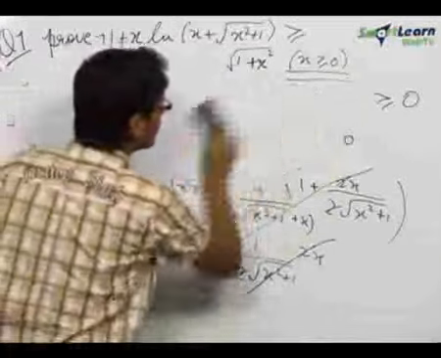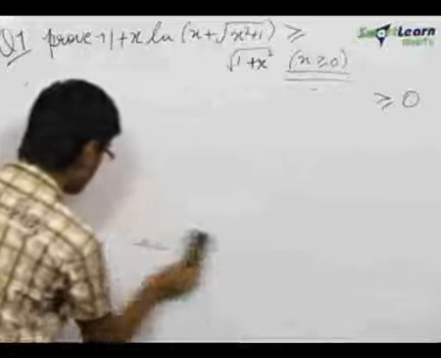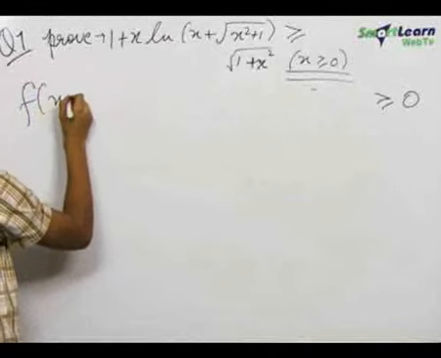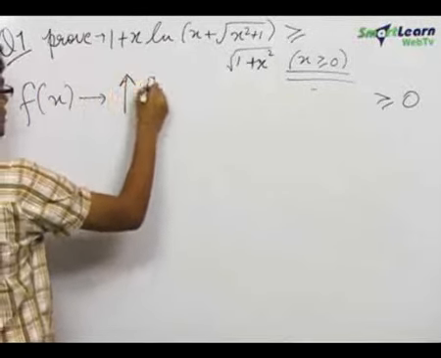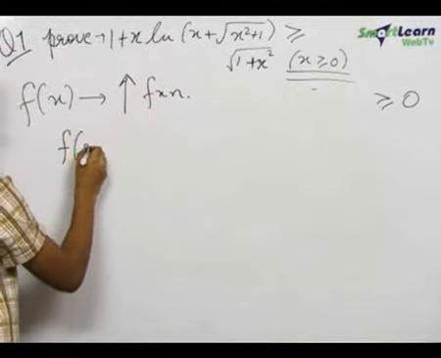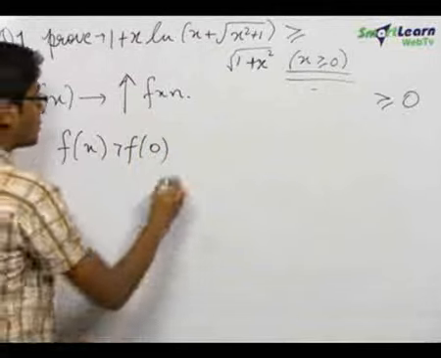Now for any function, if f dash x is greater than 0, that means f of x is an increasing function. This means f of x is greater than f of 0, which is equal to 0.